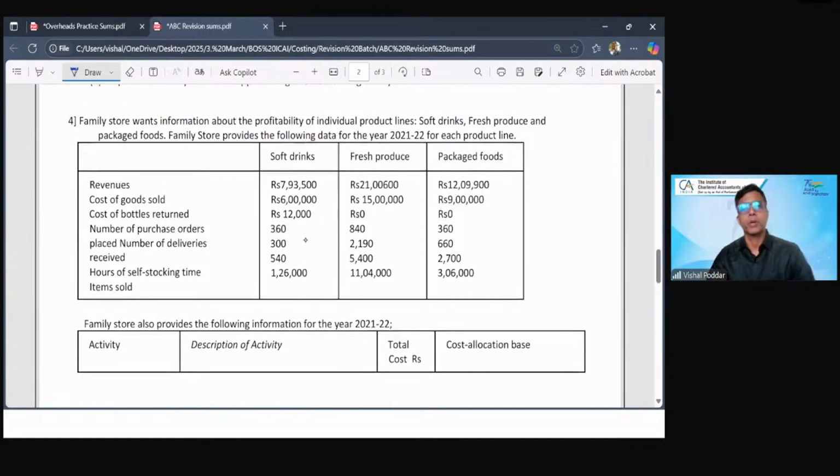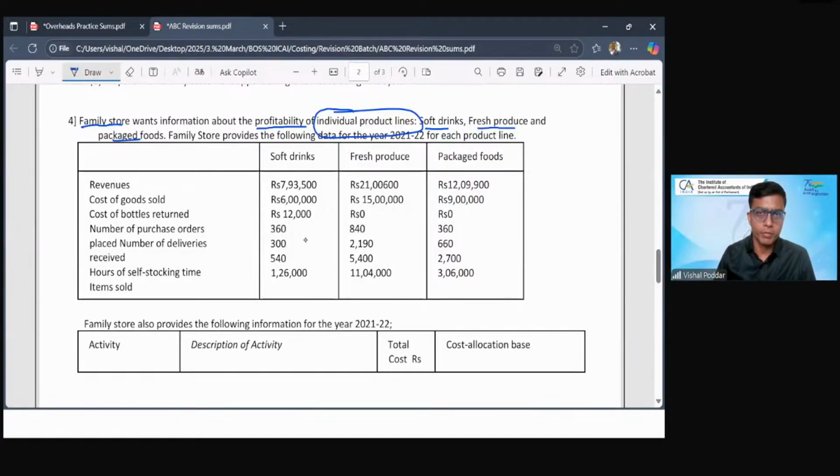Okay. Now, this fourth sum is dealing with a family store which again wants to find out the profitability of its different product lines. So this is again a type of departmental store, you can say. Its different product lines are soft drinks, fresh produce, and packaged food. So in a departmental store, you find so many different types of products. They have identified three categories of products.